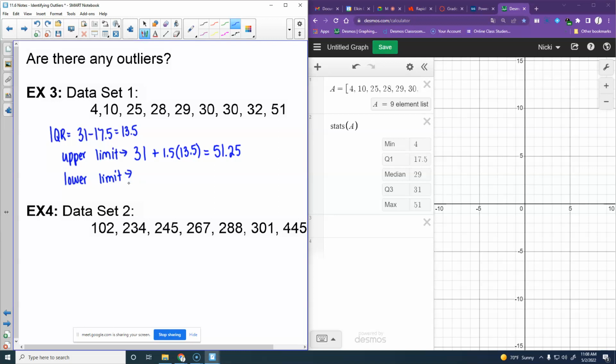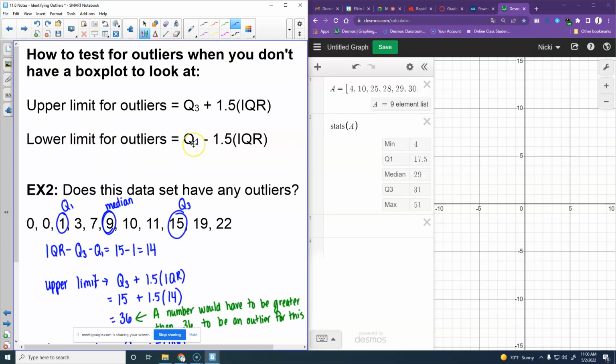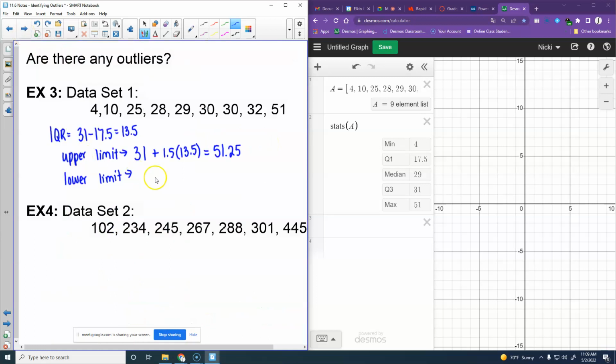Ayla, what are we going to do to find that lower limit? The formula that we saw on the last slide here is Q1 minus 1.5 times interquartile range. So we got to use our Q1, which is 17.5. So we'll say 17.5, and then we'll do minus 1.5.